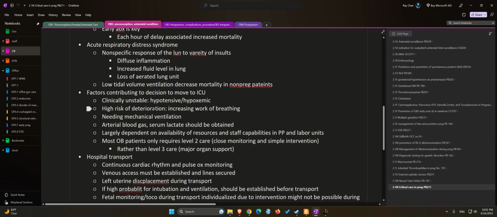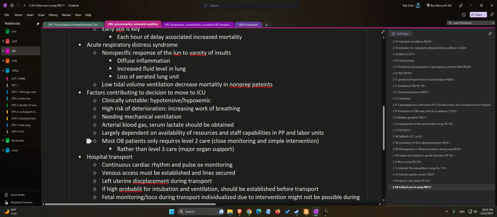High risk of deterioration, such as increasing work of breathing, needing mechanical ventilation. Arterial blood gas and serum lactate should be monitored. It is largely dependent on availability of resources and staff capability in postpartum and laboring units.